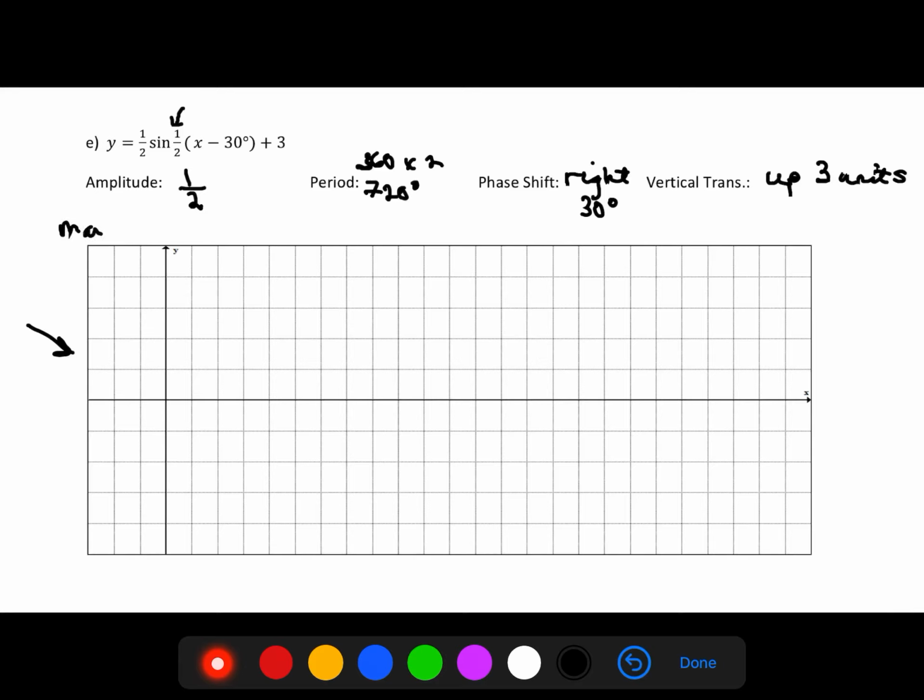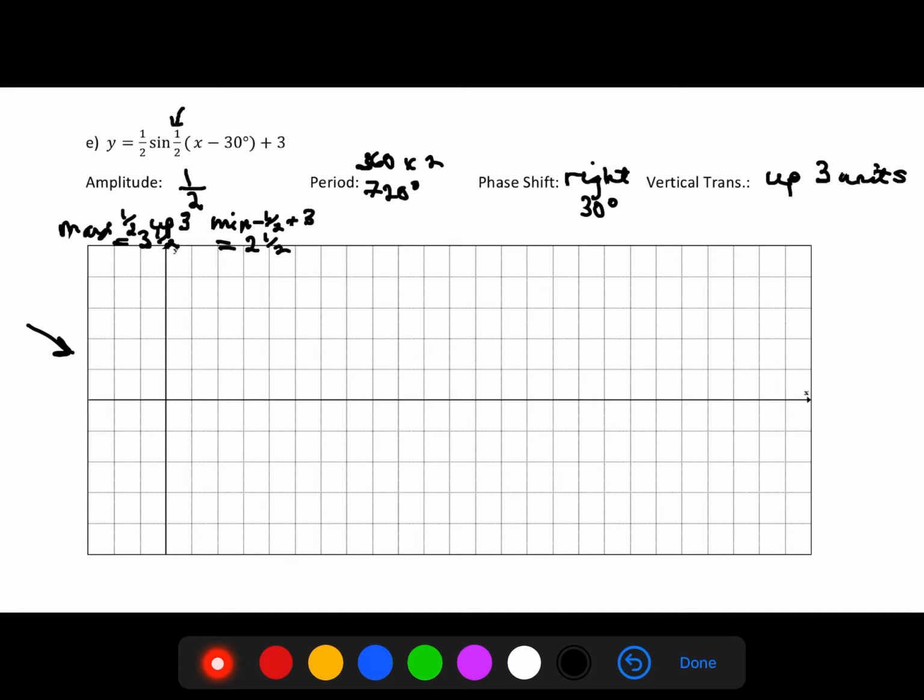So normally we would go 1/2 to negative 1/2. Here we're going to have our max of 1/2, but we're going up 3, which means it's going to be 3.5. Minimum value was -1/2 plus 3 means it's going to be 2.5.